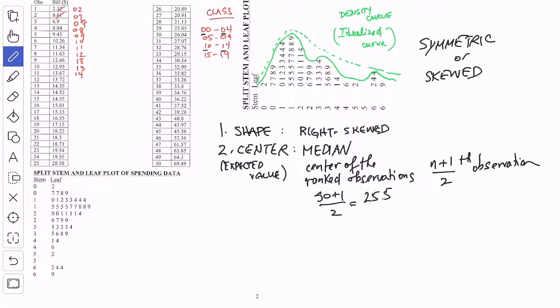So that means average the 25th and the 26th observations. So those are 20.58 plus 20.89 divided by 2.